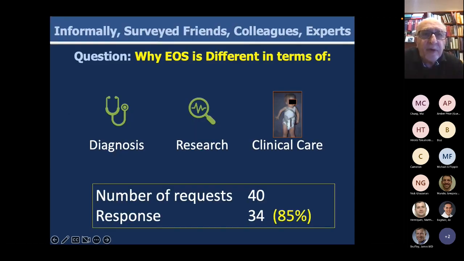So we went to the same thing. I informally surveyed friends, colleagues, and experts on why EOS is different in terms of diagnosis, research, and clinical care. I sent emails to 40 people that I knew had more experience, and got an 85% response, pretty good for an informal survey.